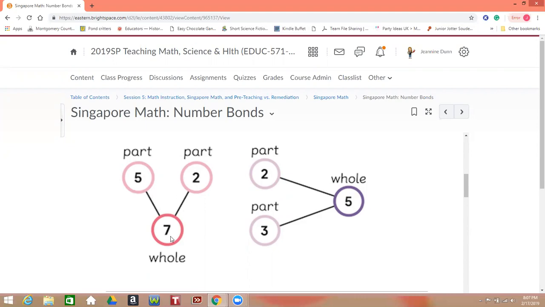So what we would actually do with students initially is use manipulatives. We would introduce number bonds with those manipulatives to develop a concrete understanding of how the relationships between numbers work. There are a couple other videos posted on how to do that with the manipulatives. But just for example, if you were to give the students 5 different Lego blocks and say, all right, we have 5.